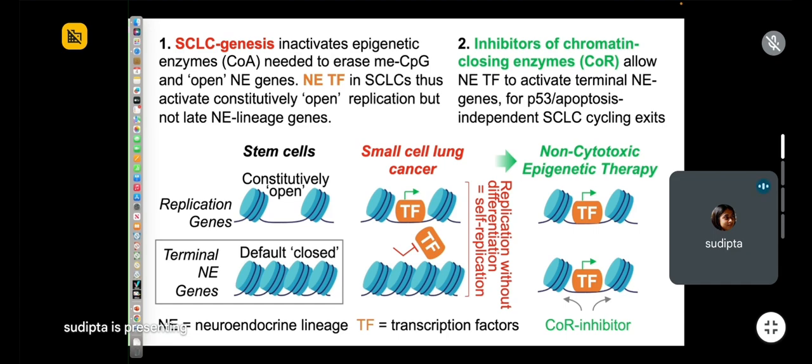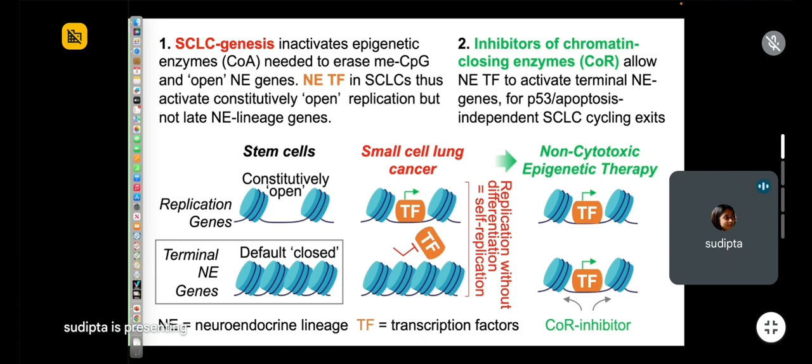This is a little complex. I will go slow, but if you have any question, just ask me. So in a stem cell, or it doesn't matter, a progenitor cell, every cell replication gene is always open. We know about open and closed, heterochromatin and euchromatin, that kind of term you can think of.